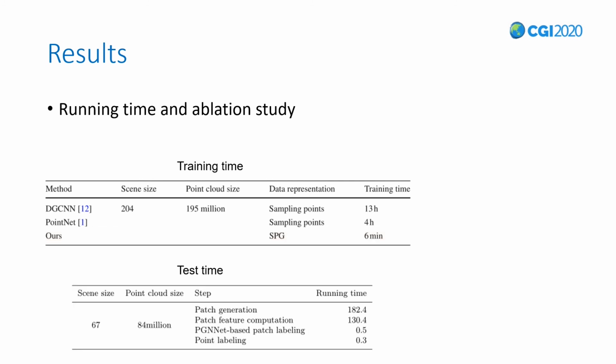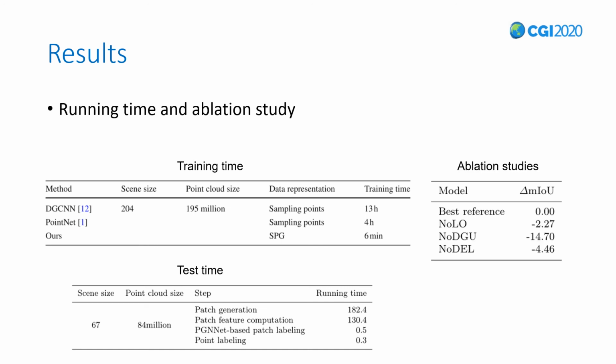In the second table, we present the running time in seconds for each step of the indoor scene semantic segmentation test. The main computation time is patch generation, since the whole point clouds are taken as input. The patch label prediction takes only 0.5 seconds, owing to the patch representation of the indoor scene.